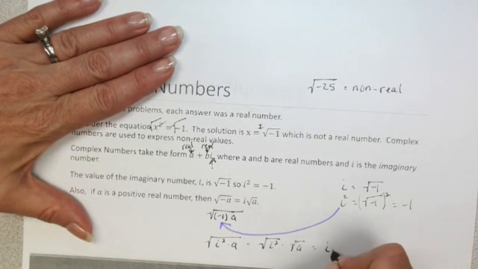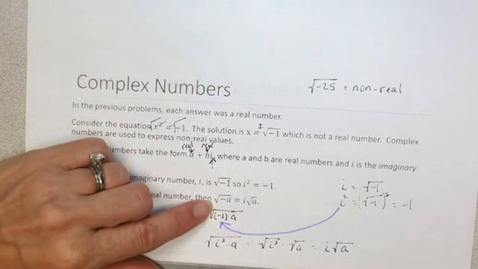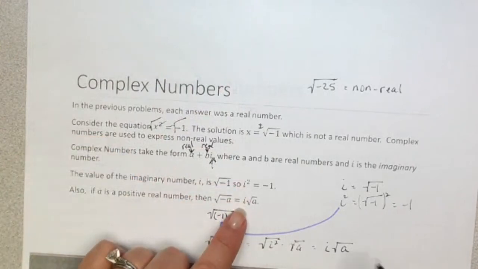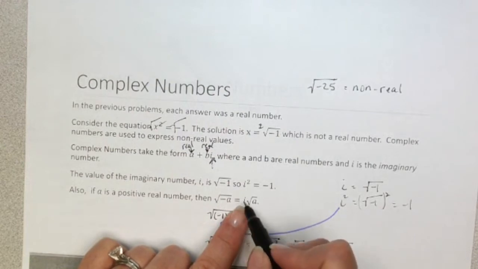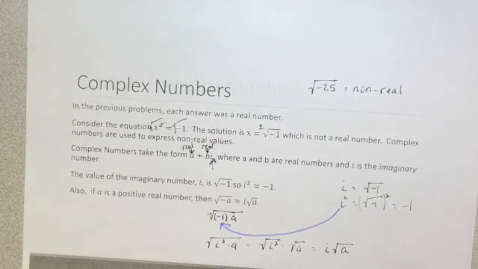So this simplifies down to i times the square root of a, where a is just any real number at all. All right, so there's a shortcut here. Whenever we're dealing with a negative radicand under an even root, we can continue to run calculations if we stick an i out front and drop the negative sign. Okay, stick an i out front and drop the negative sign, and this is why, because i squared is equal to negative 1.